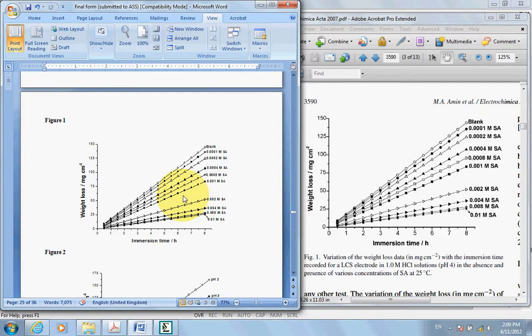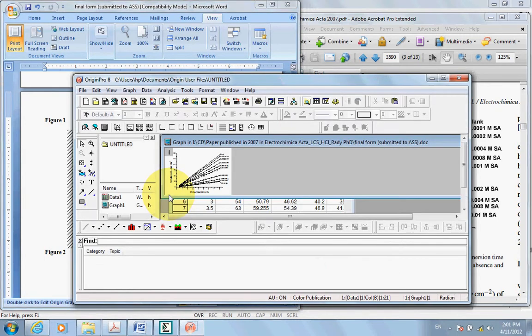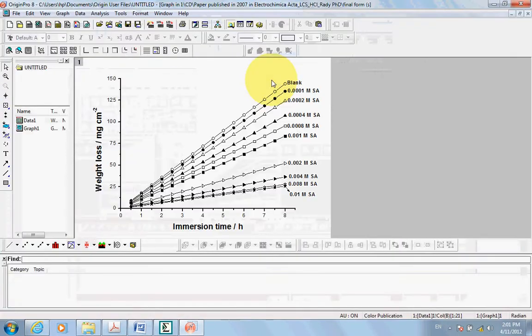If we double click on the file that has been submitted to the editor, the Origin program will open the data file. As we can see here, this is figure 1, weight loss measurement, the relationship between immersion time and weight loss. Immersion time is 0 hours until 8 hours, and we follow with this time the change in weight loss.